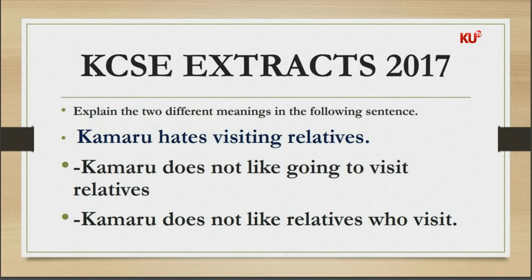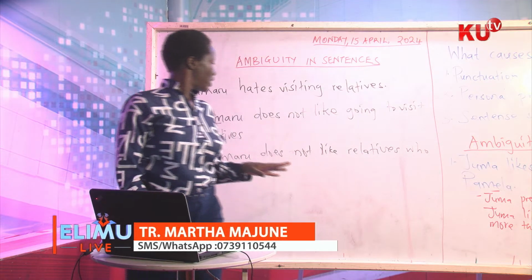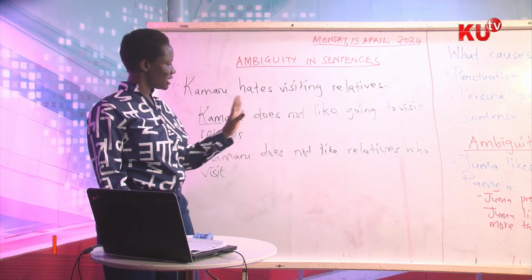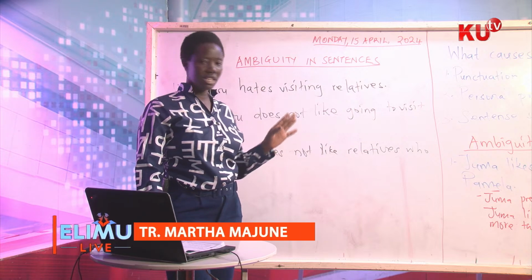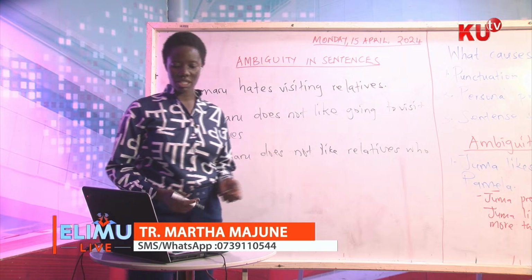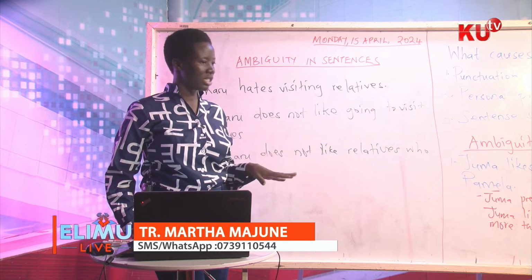So here we have this person, Kamau, who has a house or a home, but he doesn't like his relatives to visit him. Maybe Kamau is an introvert in some case, or maybe he just doesn't like relatives visiting him.